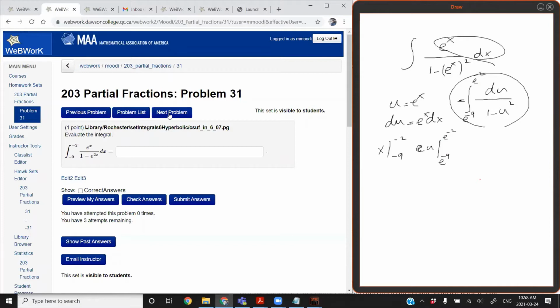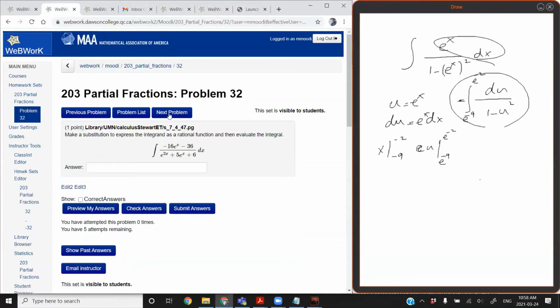Could you also look at 32, like just the first steps, like what we should do? 32 is the same. You need this type of substitution. The only difference with this one is that you don't have e to the power of x, so you will have to write it like this. You will have to write it as -16 e to the power of x minus 36.